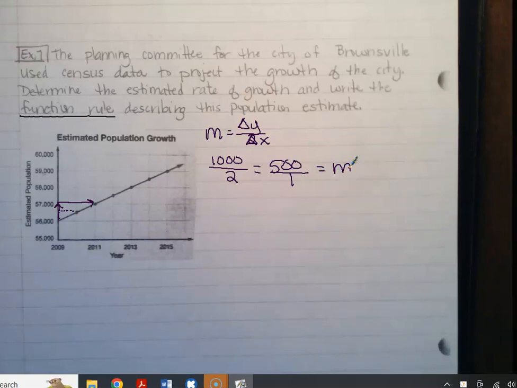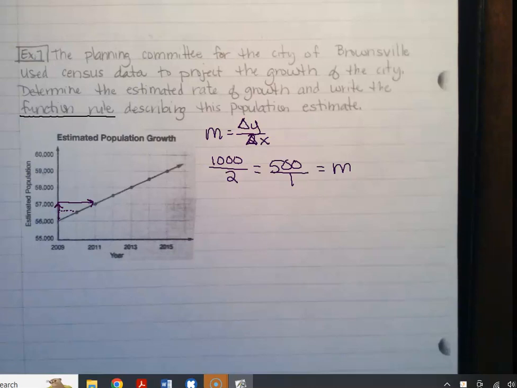What else do we need to write the equation? Not a coordinate, because we always leave it with the x and the y. We need to find the intercept. What's the intercept? We call it the what intercept? The y-intercept. It's where it crosses or intersects the y-axis.